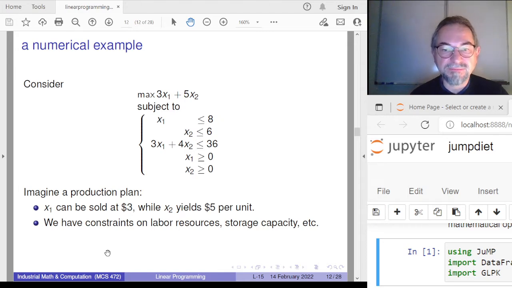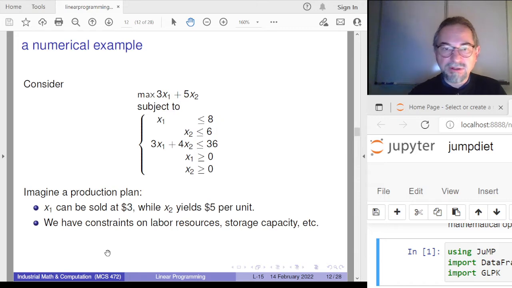So we can sell it at $5 per unit. And then the constraints, imagine that they are labor resources. While the second item yields a larger profit, it takes more skilled labor to build it. So that could be the constraint why you can only manufacture 6 instead of 8 units for x1. It could also be storage capacity.